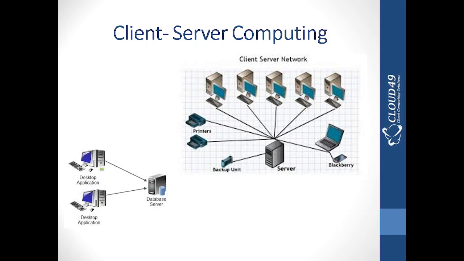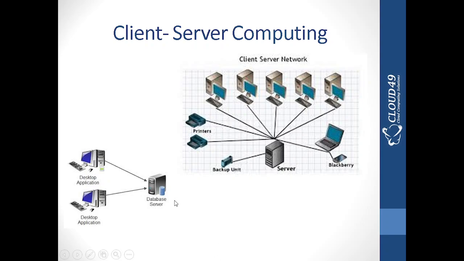Here you can see the server machine in the center location, and other machines are connected to the server machine. So these are the client machines and this is the server. Here we have one tablet and one laptop also connected. There are two printers and one backup unit device. So this type of model we call the client server computing model. Very simple, client server computing model.